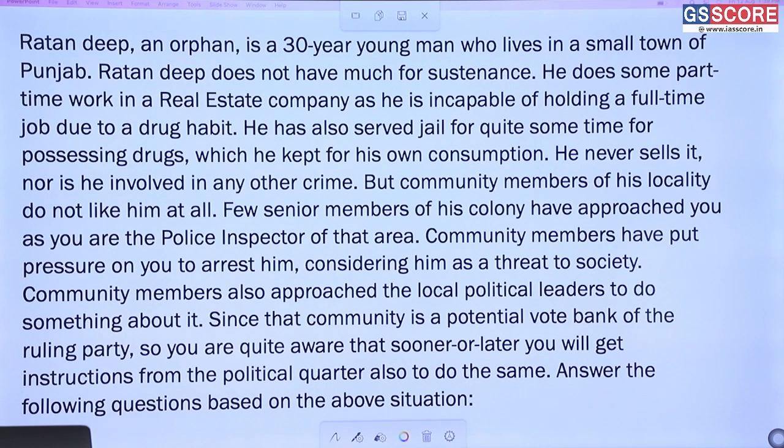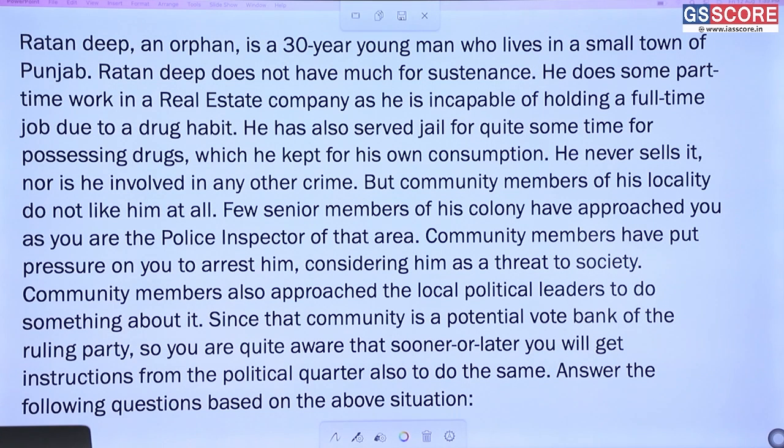He does some part-time work in a real estate company as he is incapable of holding a full-time job due to a drug habit. He has also served jail for quite some time for possessing drugs which he kept for his own consumption. He never sold it, nor is he involved in any other crime, but community members of his locality do not like him at all.